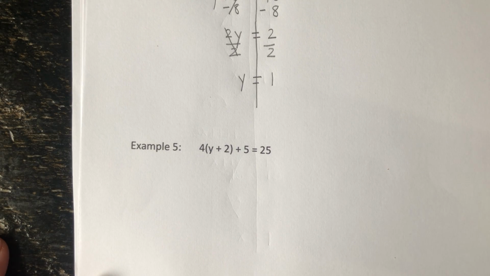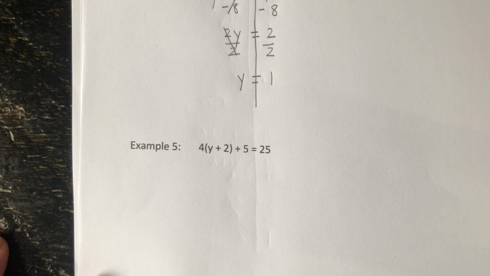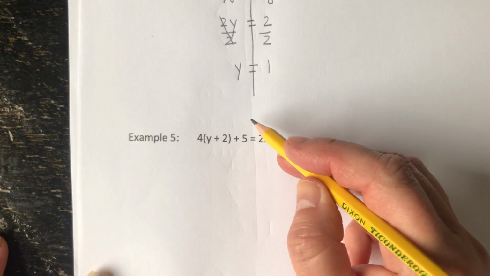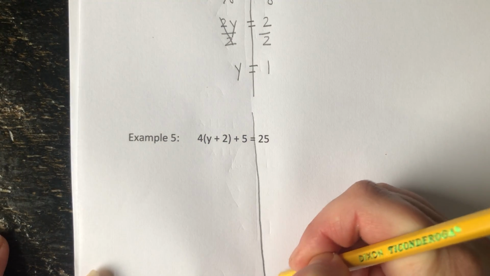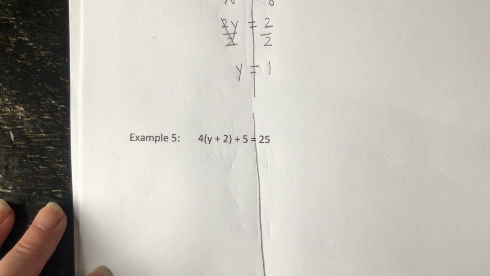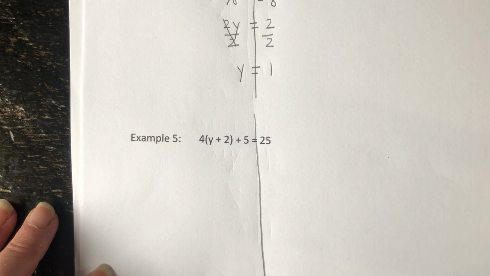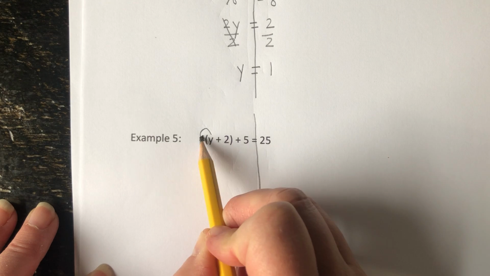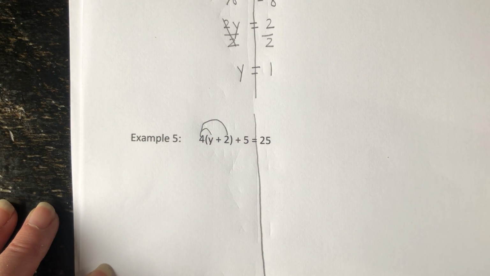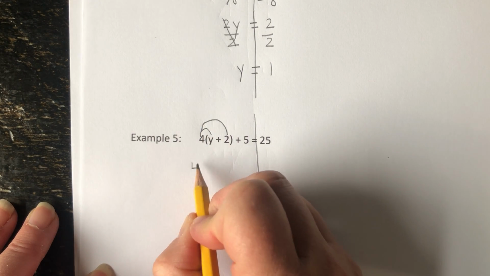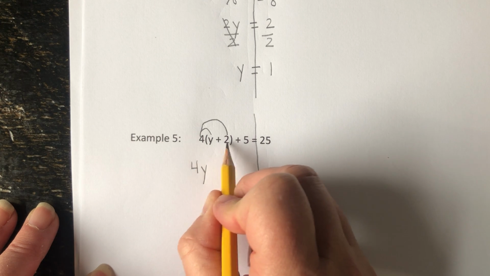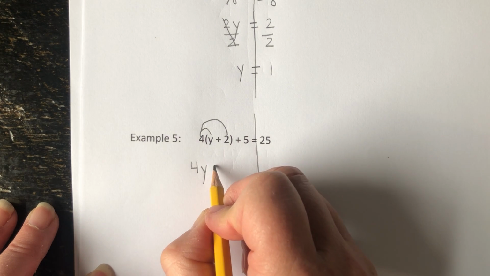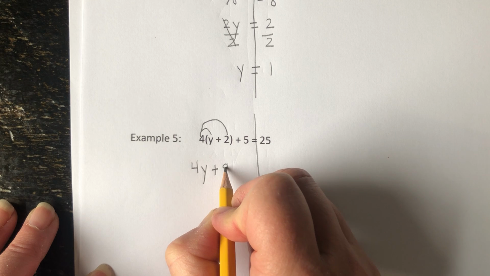I have 4 times the quantity y plus 2, plus 5 equals 25. Again, I'm going to separate. I'm going to simplify the left side. I'm going to use distributive property here. 4 times y is 4y. 4 times a positive 2 or a plus 2 is just 8, so plus 8.